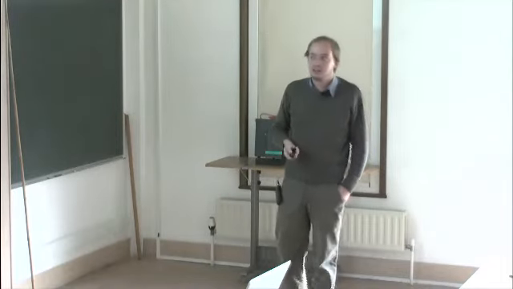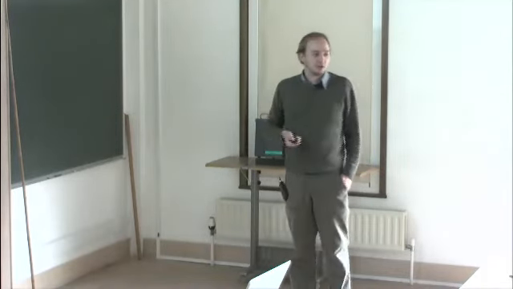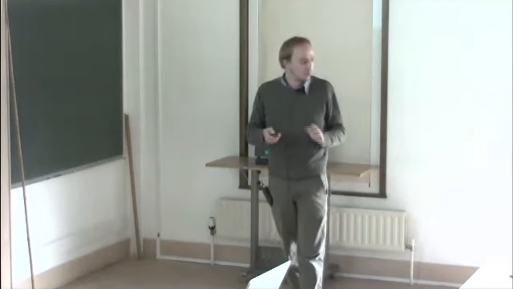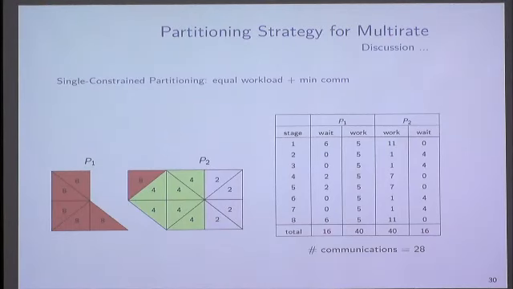After that, you could just say, we use single constraint partitioning. You can do that with METIS and assign one unique load that represents the multi-rate load on each element and say, okay, we try to have the same workload on each partition and try to minimize the weighted edge cut that represents the amount of communications. So that would be the solution that you would get for the 2 partitions. But after that, partition 1 will have to work all the time.